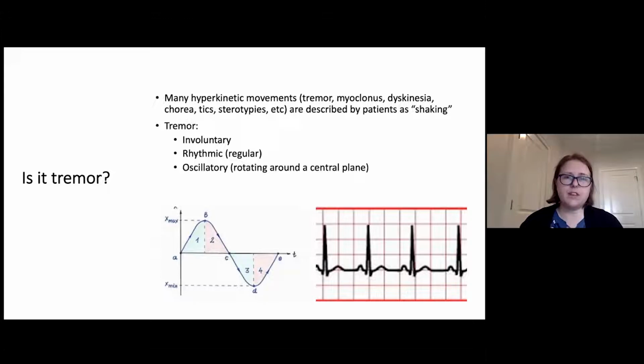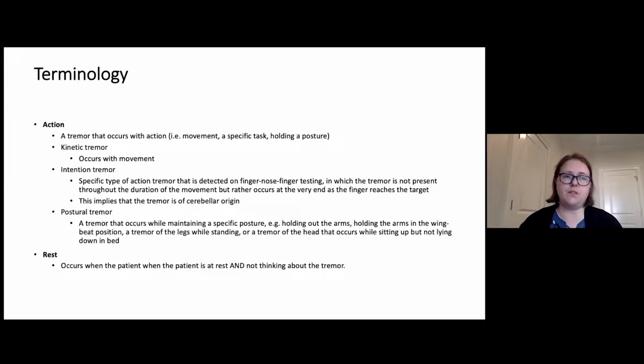So the first thing is to figure out if that really is the movement that you're seeing. Tremor is defined as an involuntary, rhythmic, oscillatory movement. And so you need to make sure that it does seem to have those features. And then I wanted to take you through a little bit of the terminology that we use around tremor, because I find that these terms are often used incorrectly.